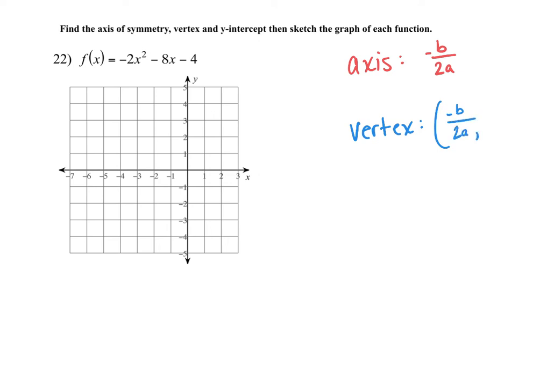That's your x value, and f of negative b over 2a, whatever you plug it in, is your y value. And then your y-intercept is always going to be 0, c. This is standard form.